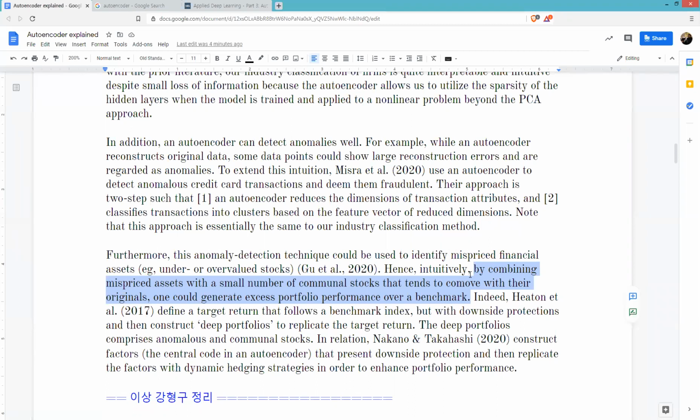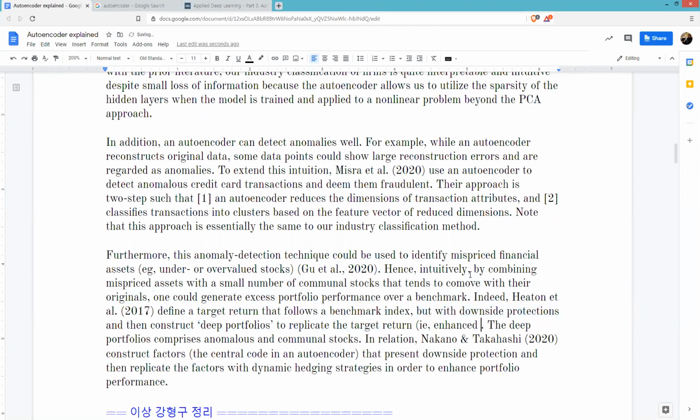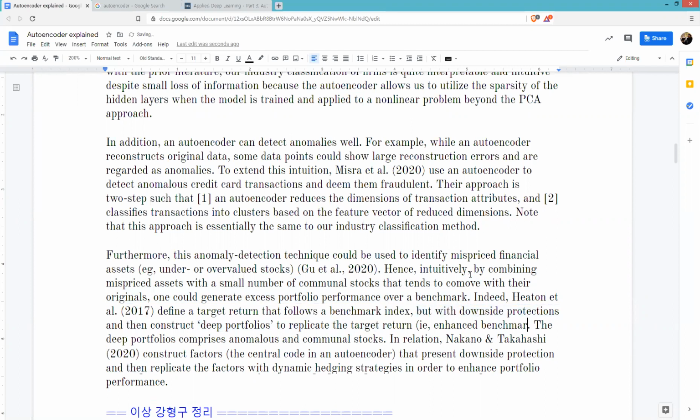Indeed, Heaton et al. defined a target return that follows a benchmark index but with downside protection, and then constructed a deep portfolio to replicate the target return. Okay, target return, which is basically the enhanced benchmark index.